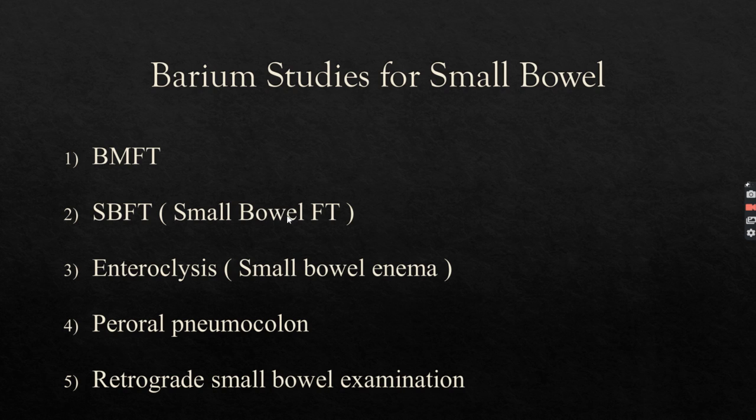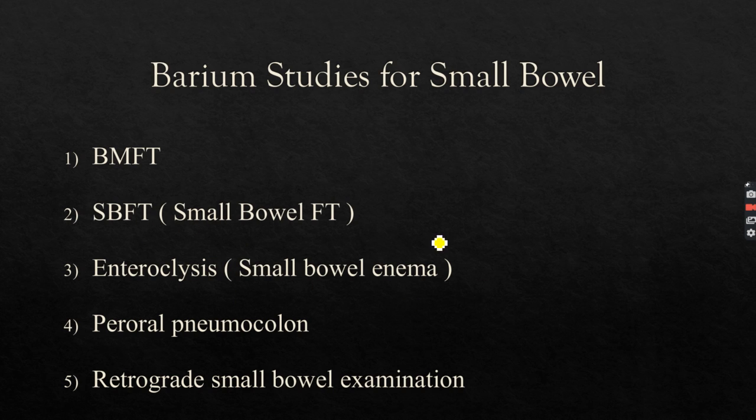Very quickly, barium studies. What are the options available for barium studies for the small bowel? We can have a short note also. So barium studies for the small bowel include, after barium meal, the barium meal follow through, BMFT, then SBFT, the small bowel follow through. Then the third one is enteroclysis.